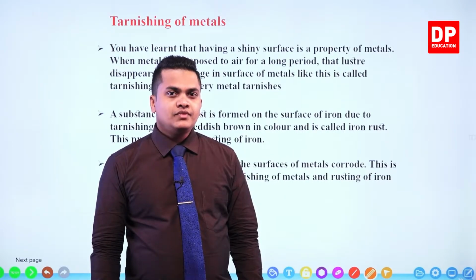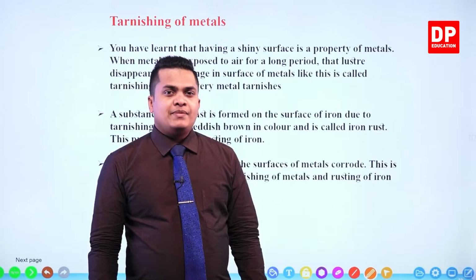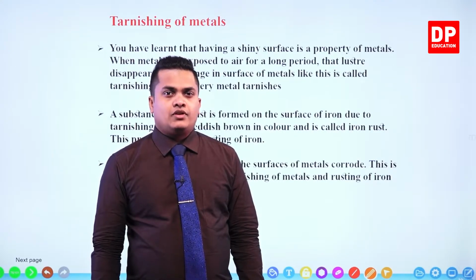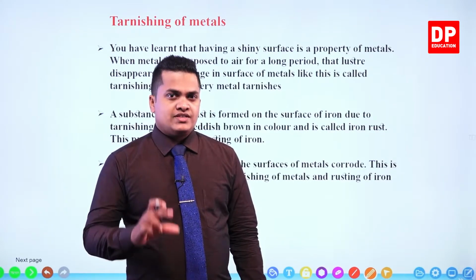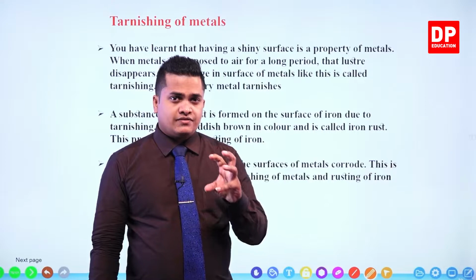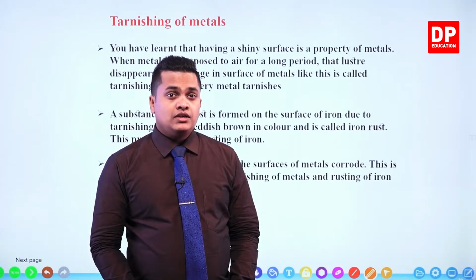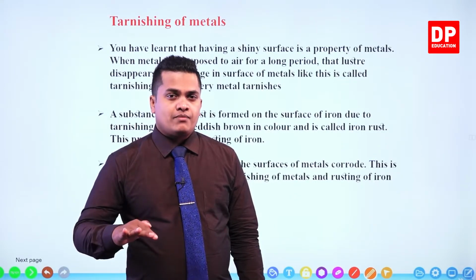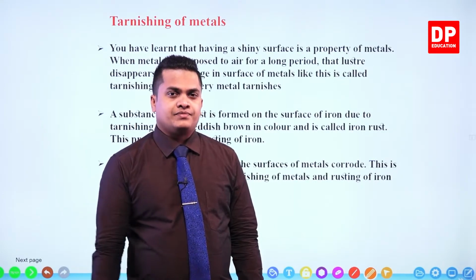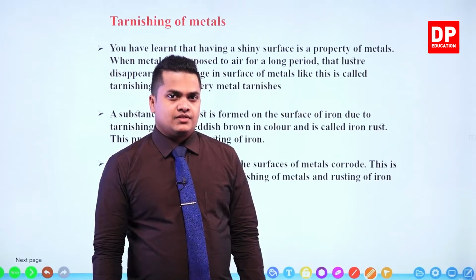And if you take an iron nail and keep it in our environment for a long time period, once again the lustrous nature or the shiny surface of the iron nail is going to reduce, and a brownish color substance is going to cover up the surface, right? You have observed these things.